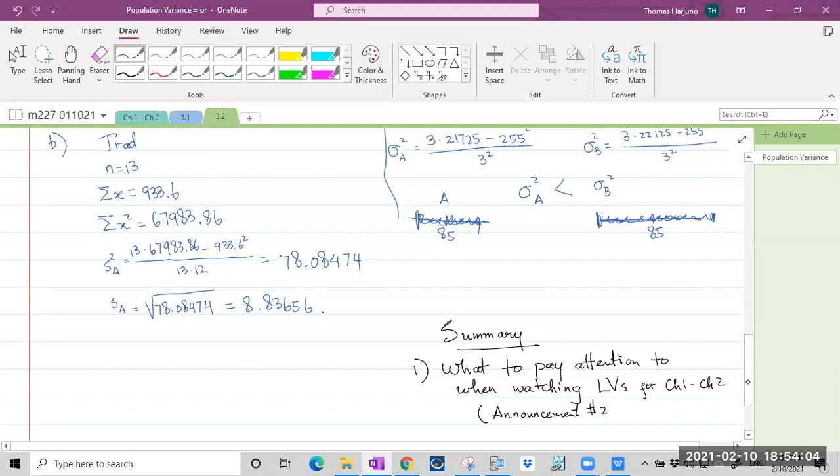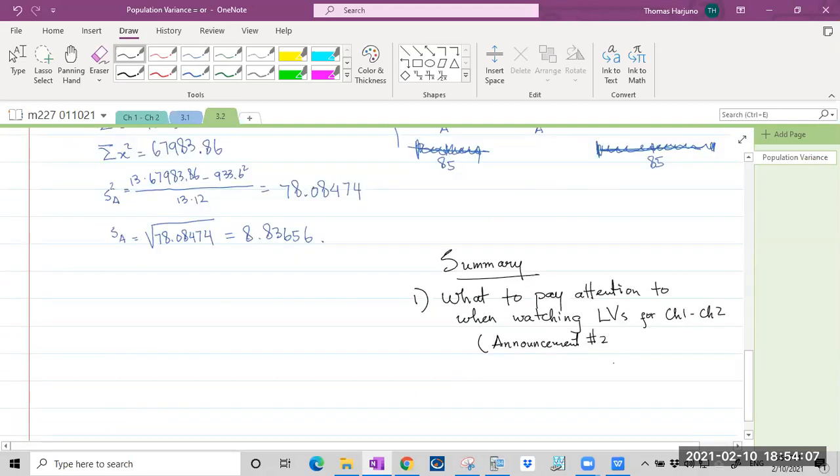I somehow forget that. Yes, announcement 2. And second, given raw data, basically the data is not put in a frequency distribution yet. They just give you the data, like those 13 data we have up there.